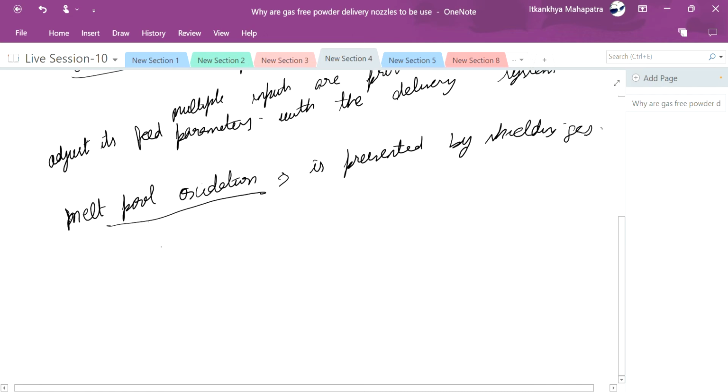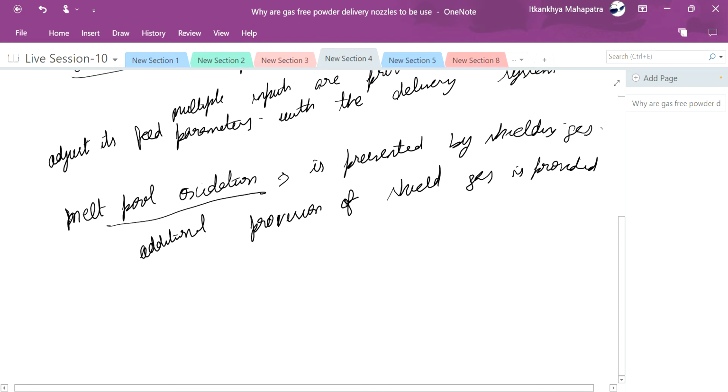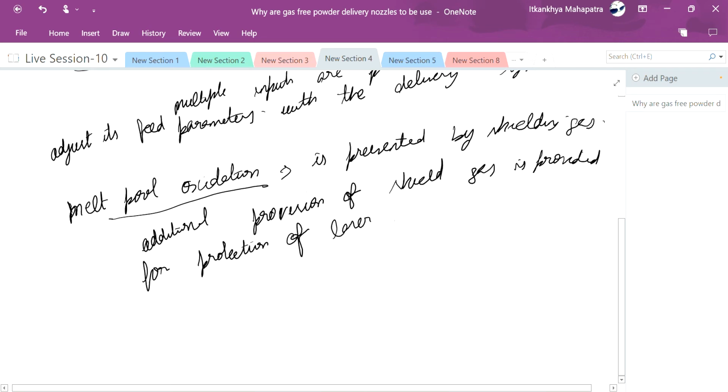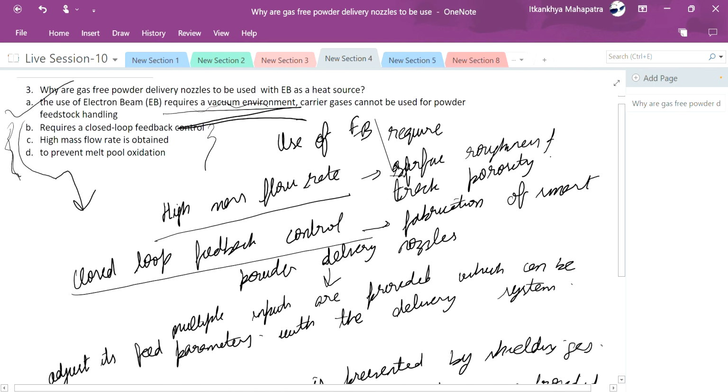Additional provision of shield gas is provided for protection of laser optics from powder particles and metal fumes.